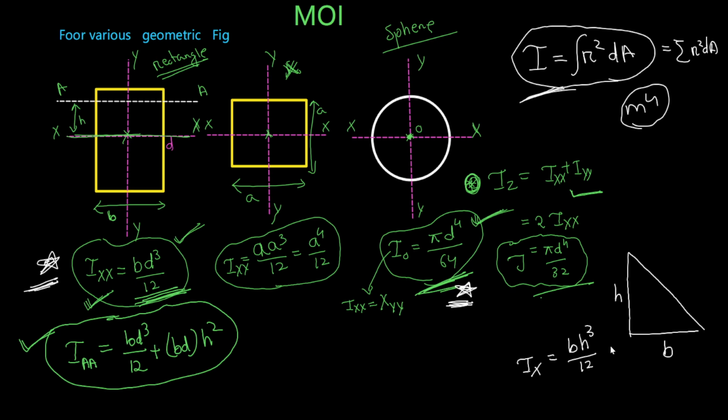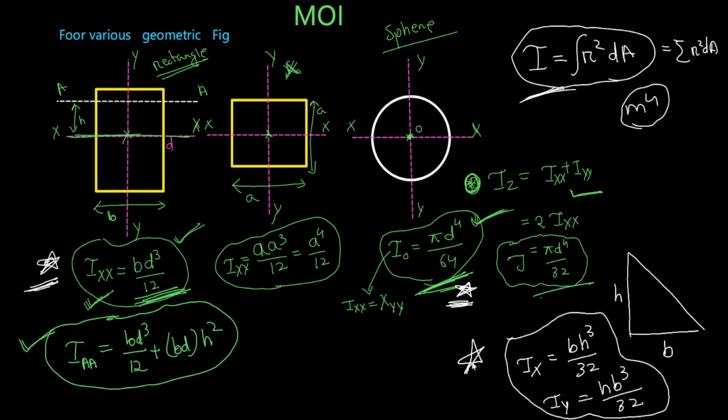Okay, sorry, bh cubed by 36, not 12. 12 is for the rectangle, so it's 36. Iyy also, about this you have to take first, hb cubed by 36. These are the formulas which will be enough for calculating the area moment of inertia for any complex figure.